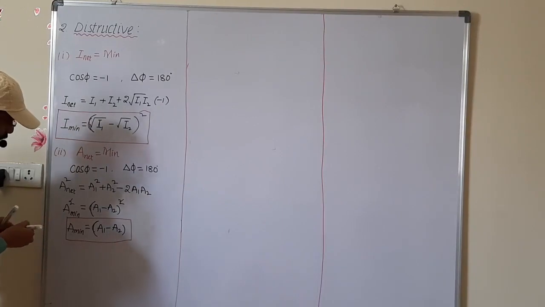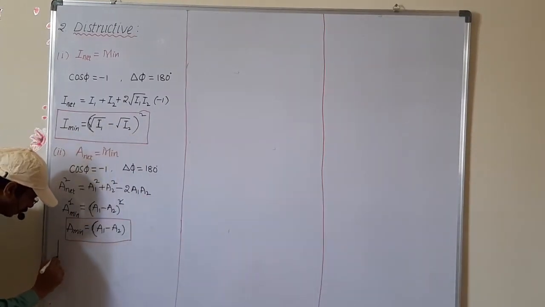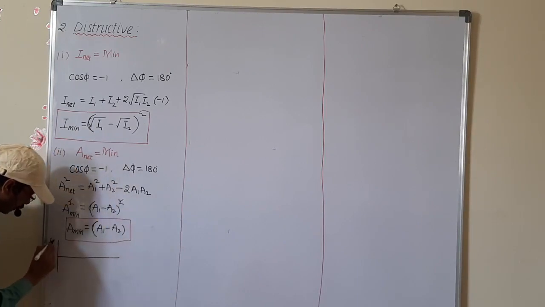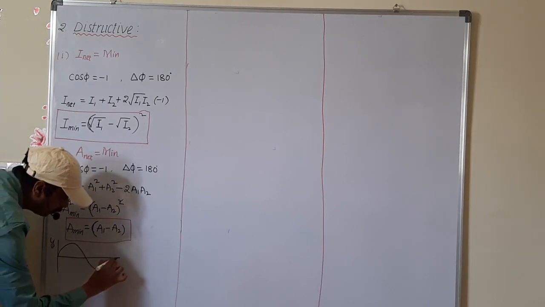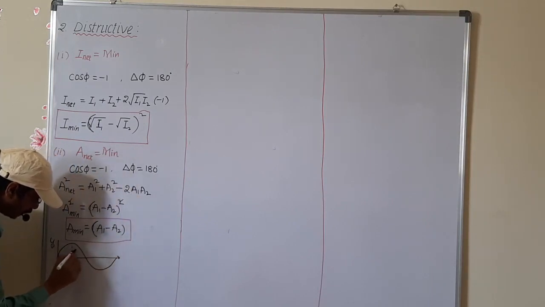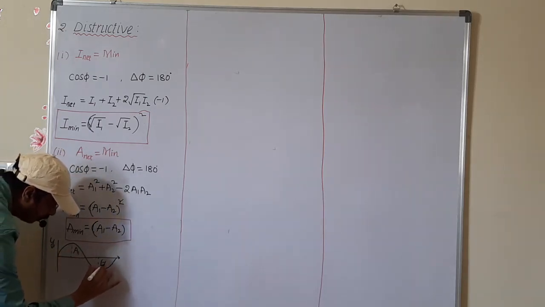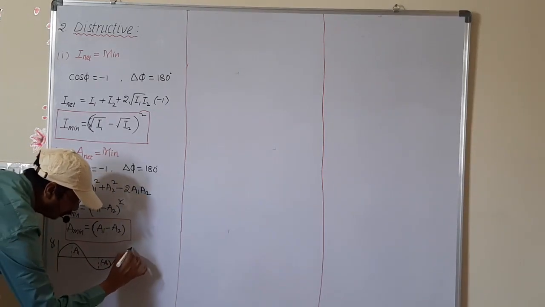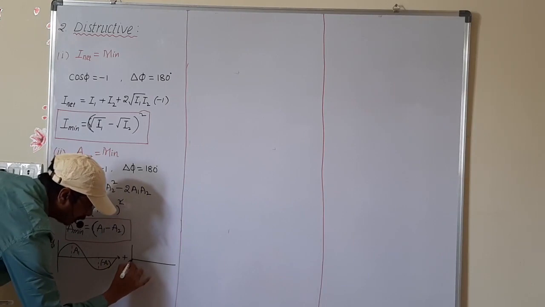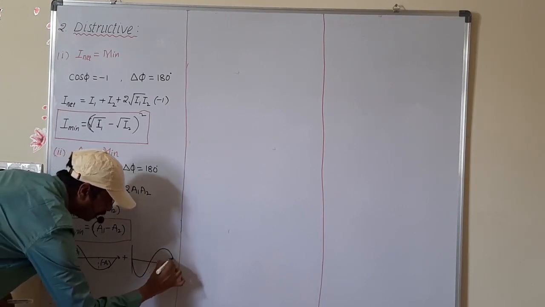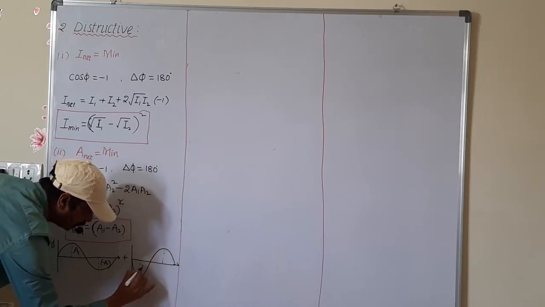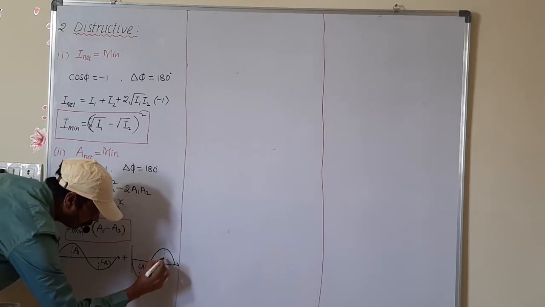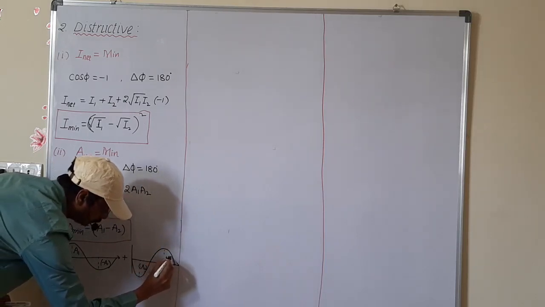Now, if we want to discuss the wave equation, how will it be? This is y1, with amplitude a1, and this amplitude is minus a1, plus the second equation y2. The second wave is opposite in phase, with amplitude a2 and minus a2.